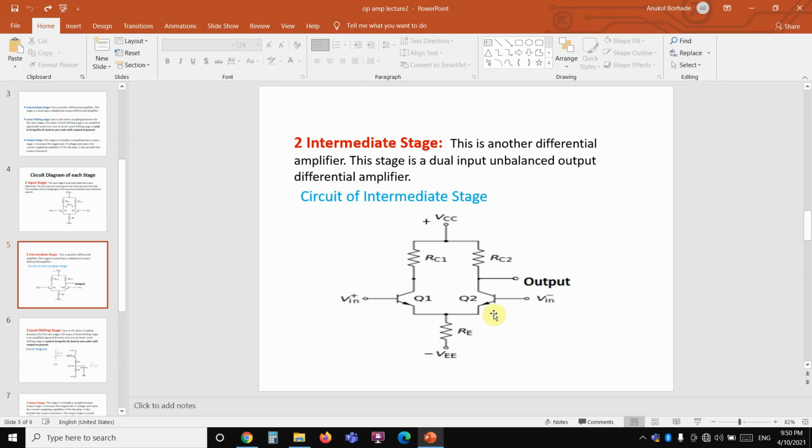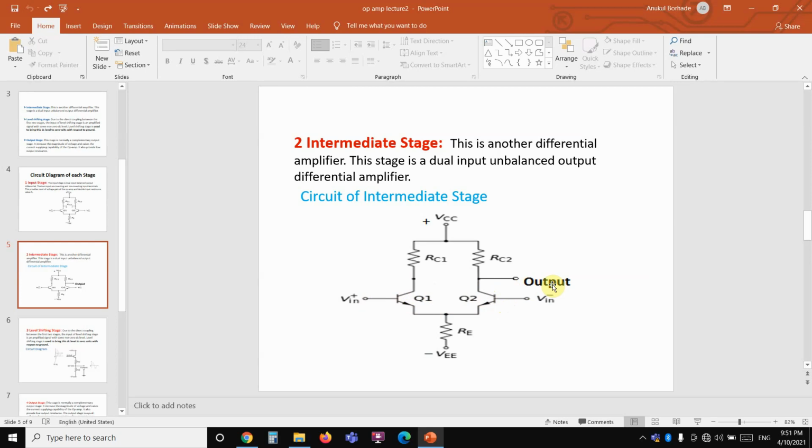It has two inputs but only one output, means the output is taken from the collector terminal of transistor Q1 or Q2, either from Q1 or Q2. It has two inputs and one output. Therefore, this stage is known as the dual input unbalanced output differential amplifier stage.